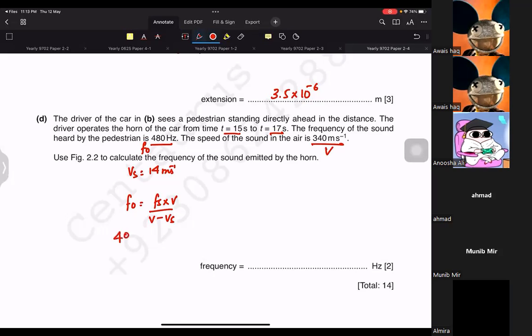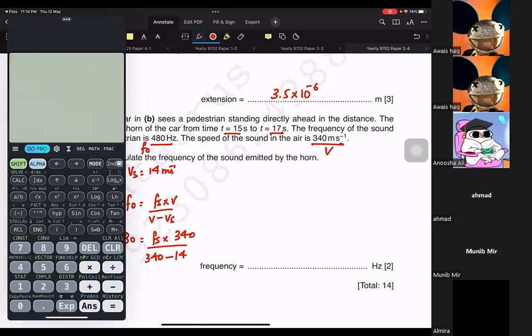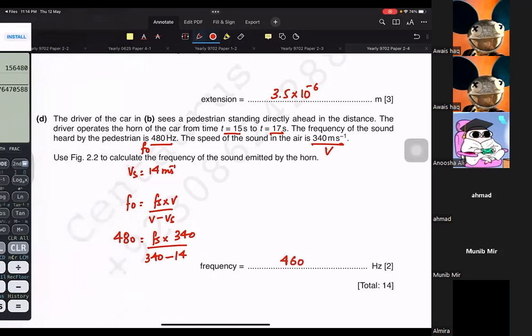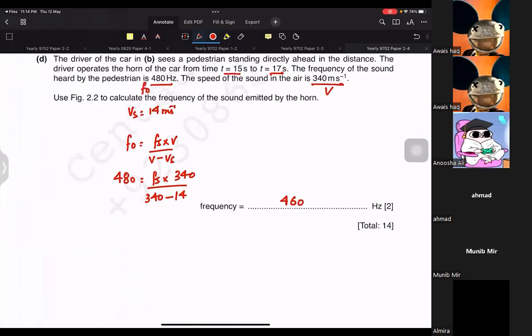So 480 times V, oh no, this has to be 340. So 480 times 340 minus 14, and then you divide by 340. So that makes it 460 Hertz, and that should be the correct answer.